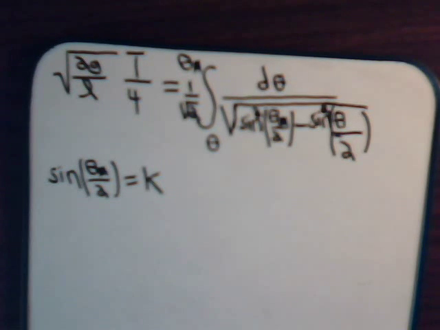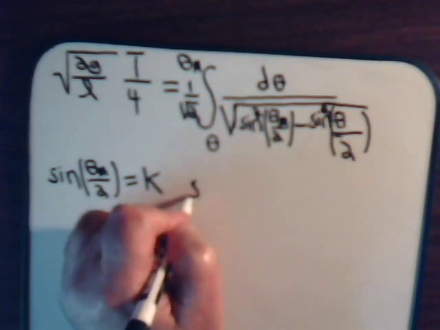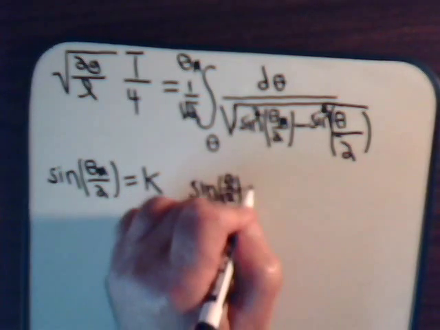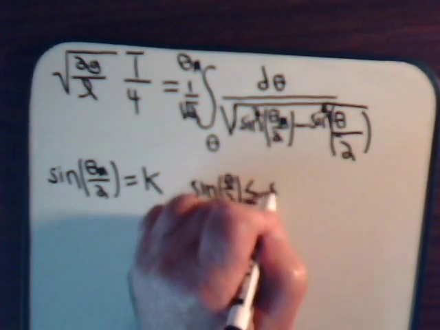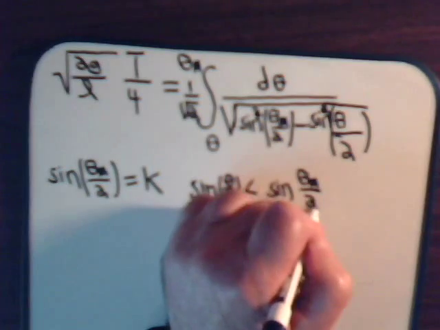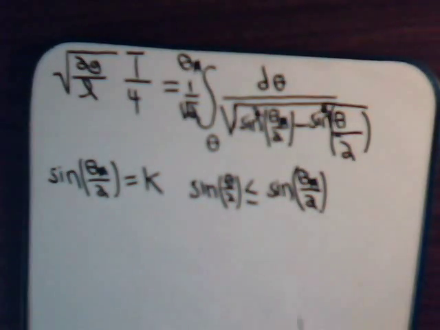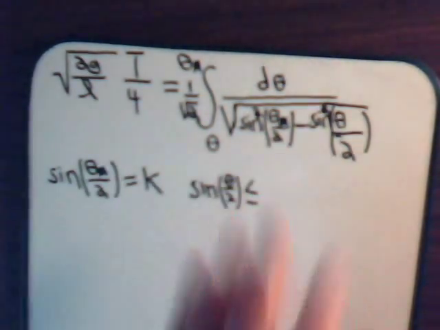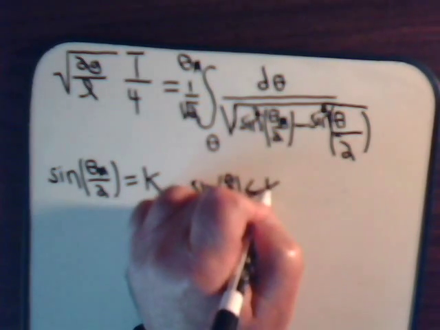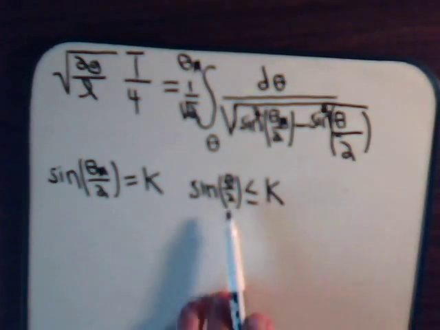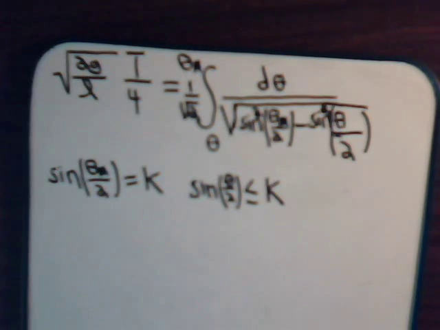So the sine of theta over 2 is less than or equal to the sine of theta m over 2, and we're calling this k. So this either equals k, the maximum displacement, or it's going to be some fraction of it.